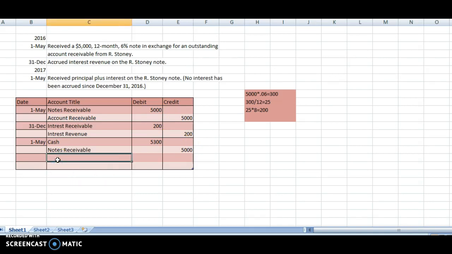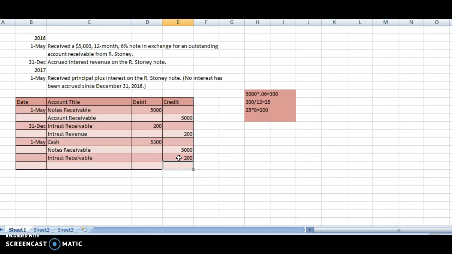And next, the interest receivable. Because they are now paying that back, we want to credit that by the $200 to show that once again they have paid on that interest receivable.